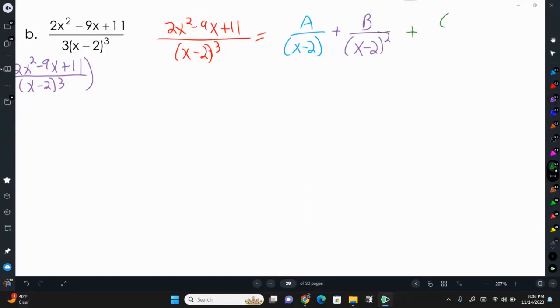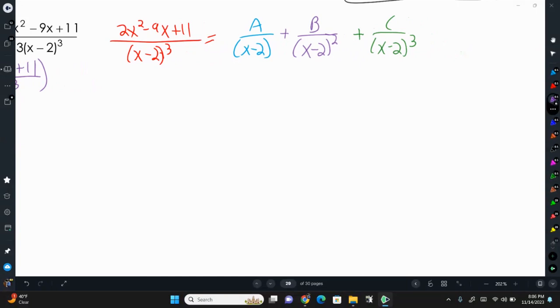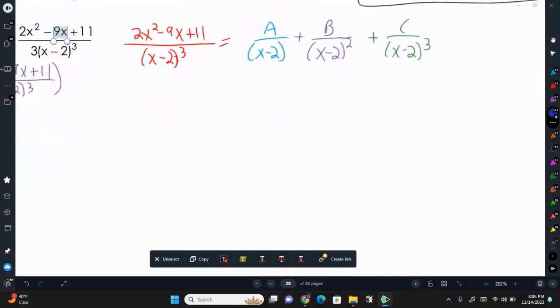So we're going to have to go all the way up to C in order to get x minus 2 to the third power. Right, then we're going to multiply everything by x minus 2 to the third.